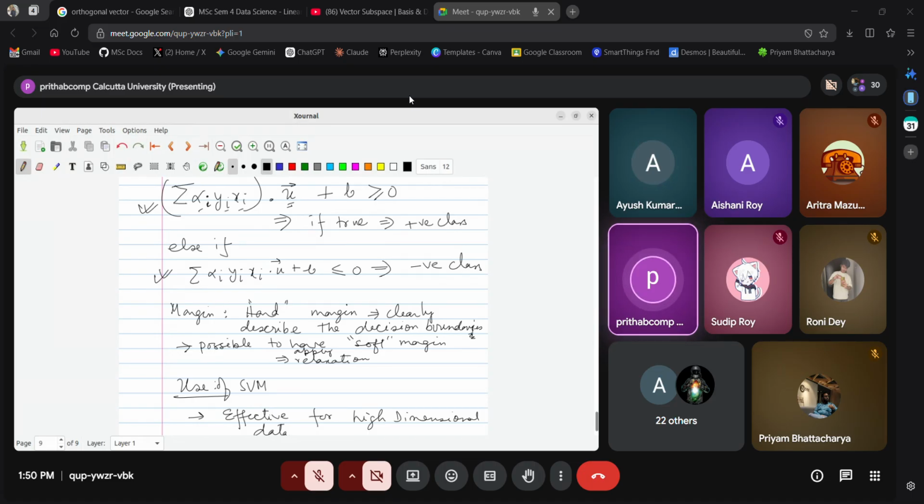That means you can treat it either as a positive class or a negative class. A soft kind of boundary will possibly help there. If it becomes equal to 0, it could be either a positive class or a negative class.